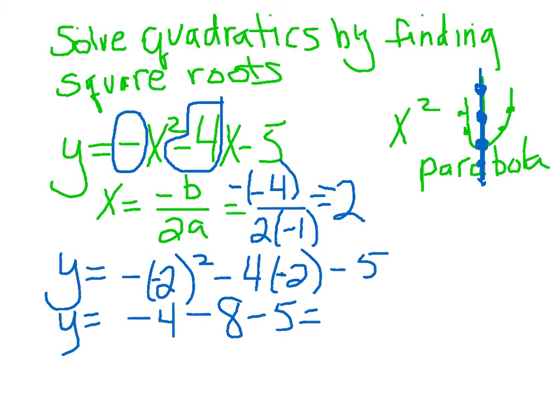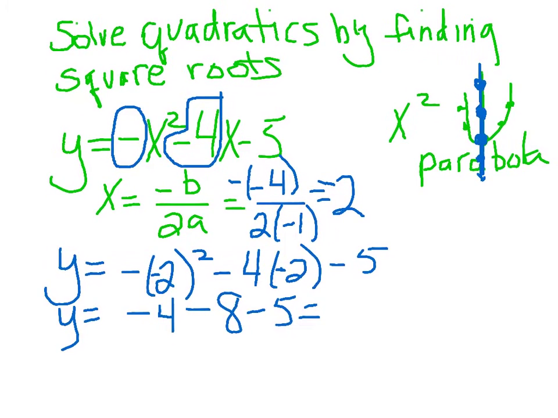But this is going to change that sign, isn't it? Instead of negative 8, we're going to have positive 8. Okay, so negative 4 minus 5 is minus 9. Minus 9 plus 8 is negative 1.